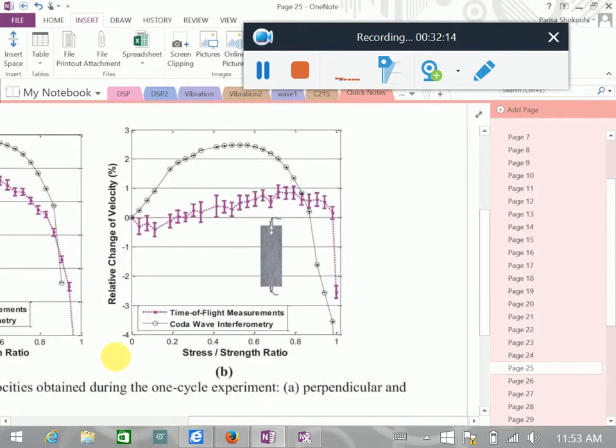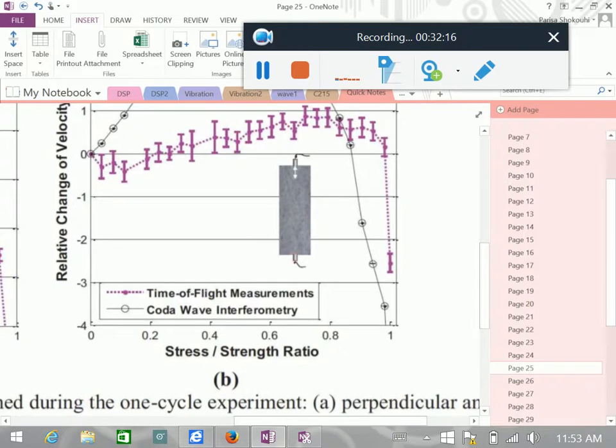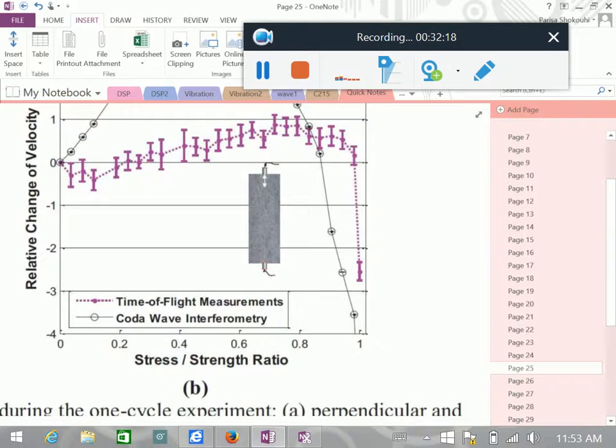When we measure parallel to the load, the velocity goes up a little bit, and then towards the end it goes sharply down.